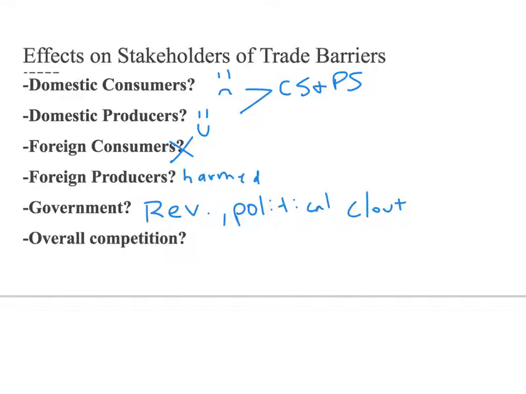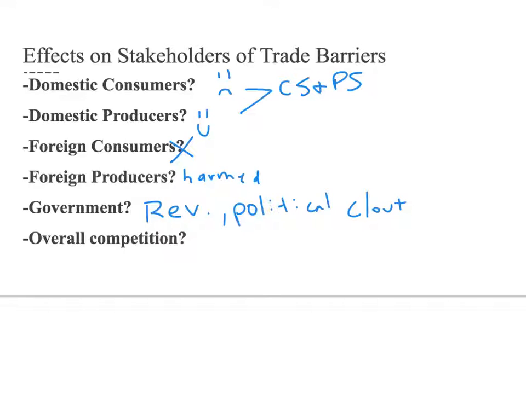But the areas are going to be the same. It's the area on the graph below the demand curve, above the price that the consumers pay, stopping at the quantity that they actually get to consume. And for producer surplus, it's the area above the supply curve and below the price they receive, at whatever quantity the domestic supply is going to be.